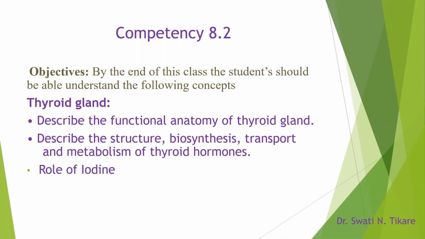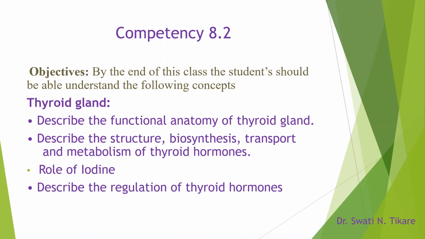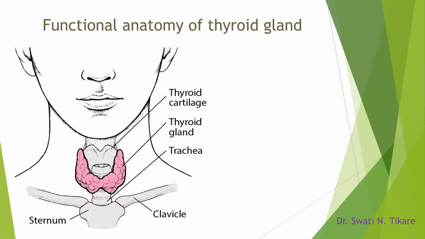Role of iodine. Describe the regulation of thyroid hormones. And lastly, describe the actions of thyroid stimulating hormone. So today's class is a very important one. Let's begin with the functional anatomy of thyroid gland.